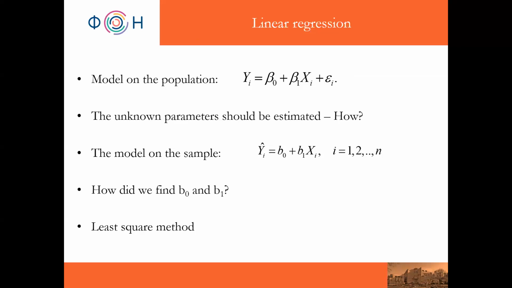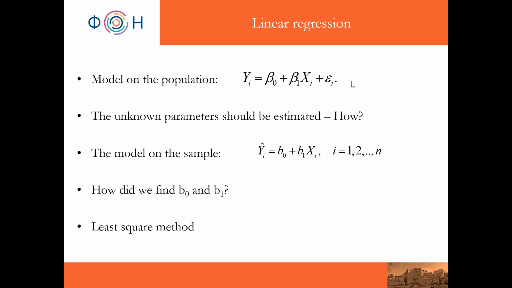From our population, we're going to draw a sample, and based on the values in our sample, we are going to estimate the true parameters of the population, which we do not know. This is basically what we do in many statistical tests and approaches.